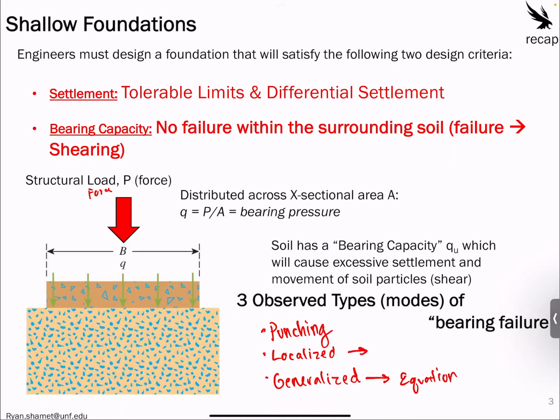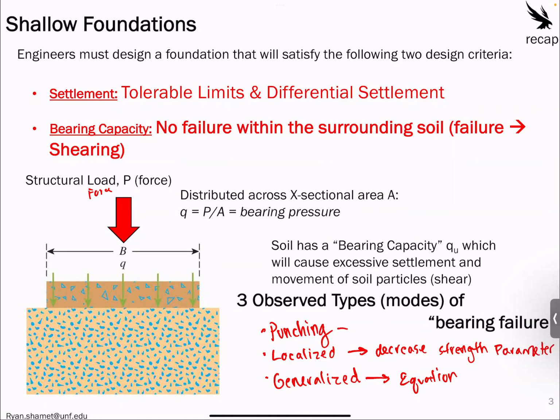The localized, this is when we have to decrease our strength parameters. So this is where we would take 1 or 2/3 of the cohesion as well as 2/3 of the friction angle, and then use those as our design values.